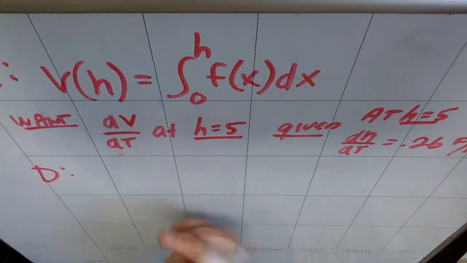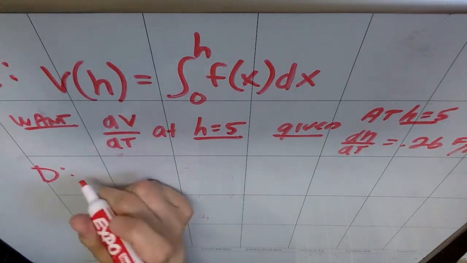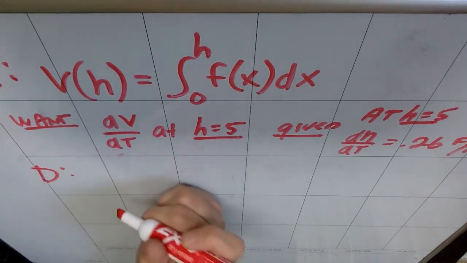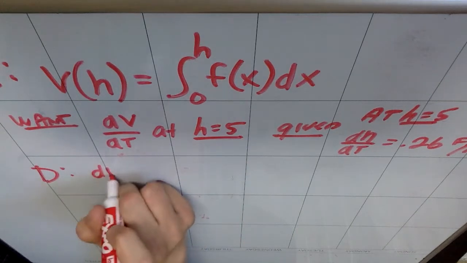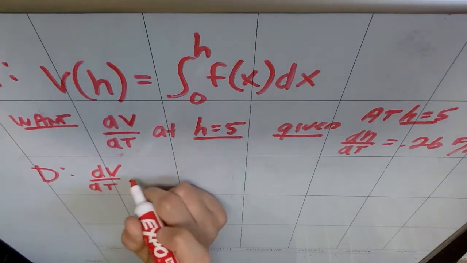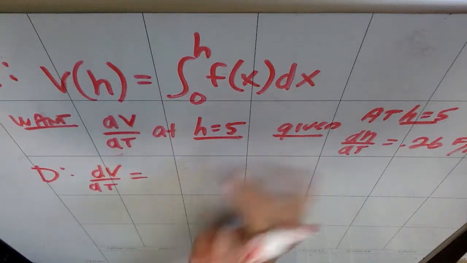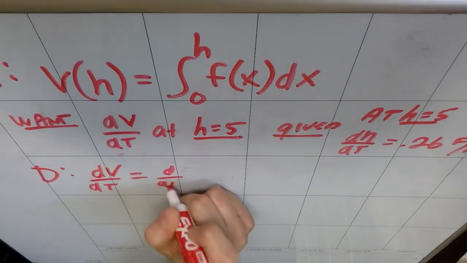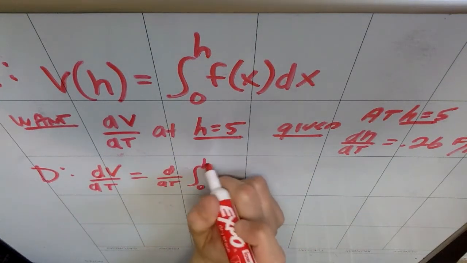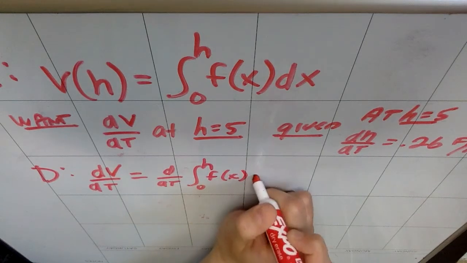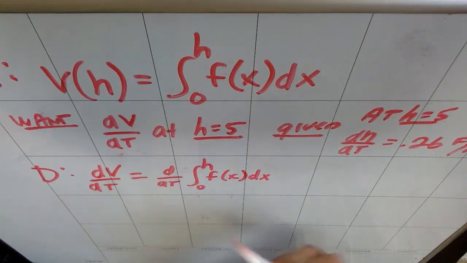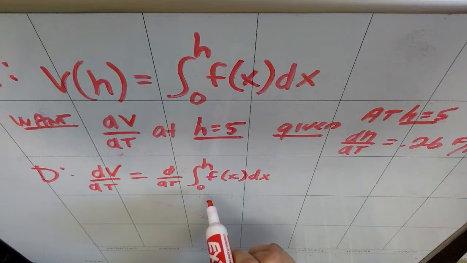So when I derive with respect to time, I'm going to get dV/dt equals, and then I derive this guy with respect to time. When you derive an integral, they essentially cancel.